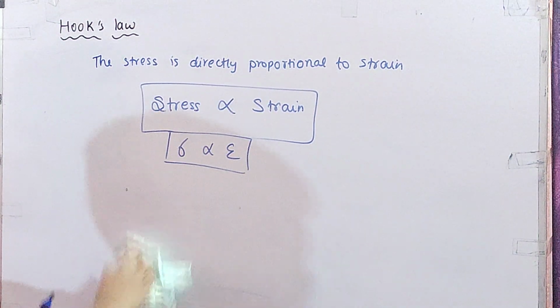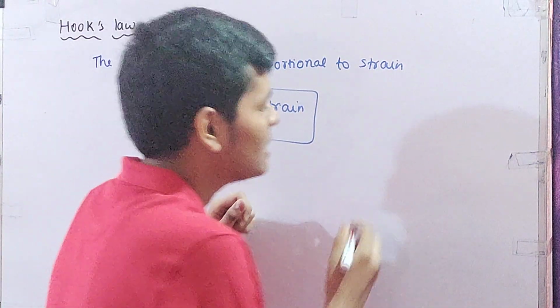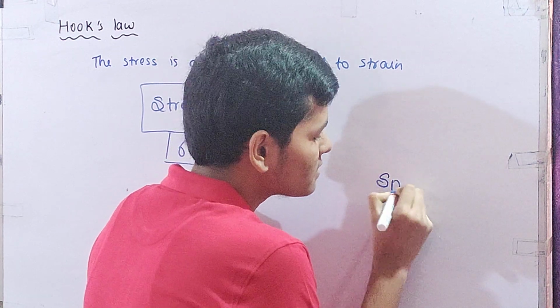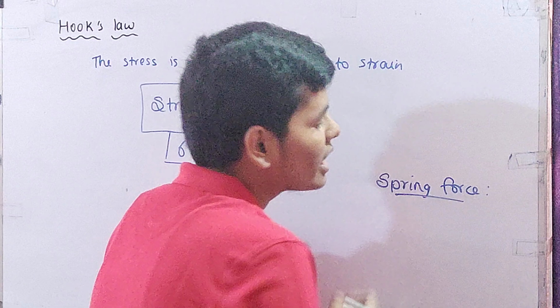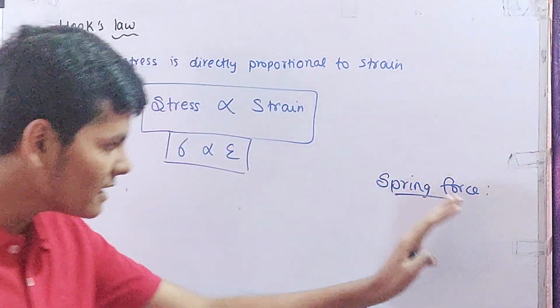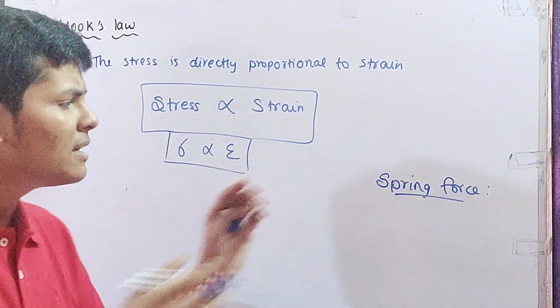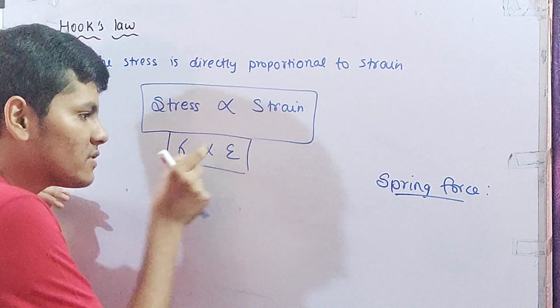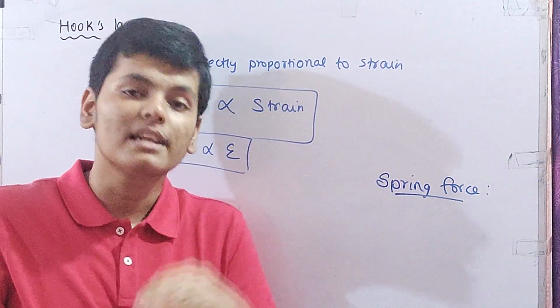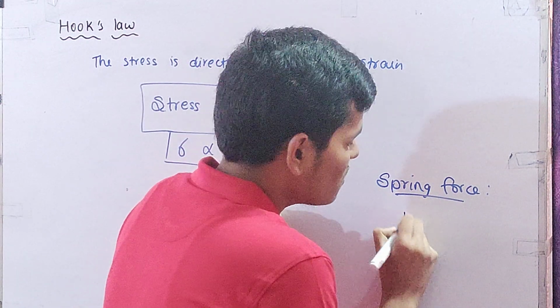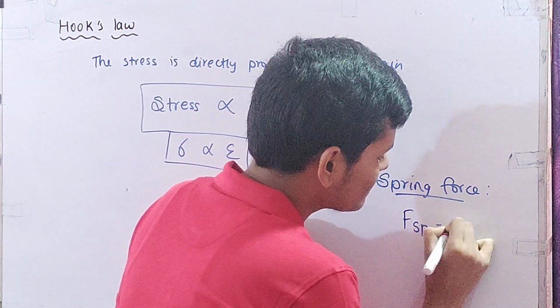But can we understand it in a much better way? Yes, we can. So we know the spring force. Why are we always talking about spring force? Because I want to relate this force with the stress. The concepts of strain, stress and spring force are almost the same. That is why we try to relate them. So Fs is equal to minus kx.